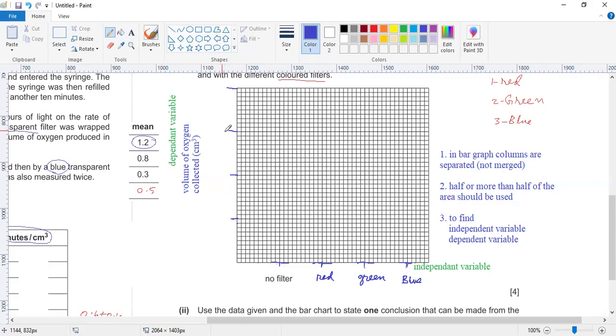If we take 1 here, then it would be difficult to distribute the values because these are 30 small divisions. So it is better to take one here.